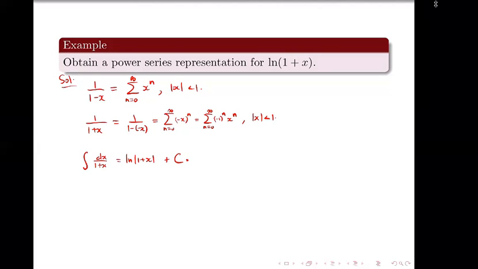So if absolute value of x is less than 1, then we have the following. ln of 1 plus x. Take note, in here we can now remove the absolute value, because your absolute value of x is less than 1. So even if your x is negative, it's greater than negative 1, your 1 plus x will still be positive.